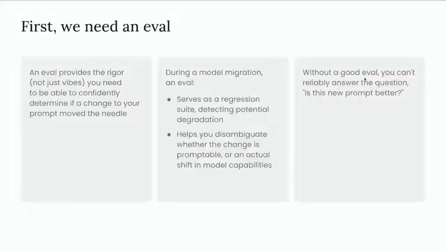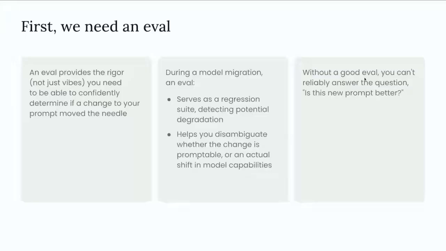Well, in order to start unpacking that question, we need a starting point, and that starting point is evaluations. We need evaluations to provide that rigor to understand whether a change to our prompt is actually correlating to an improvement in its performance. We have different models which have different capabilities and different behaviors. And when you migrate to a different model, it could be that your system is no longer working as well for two reasons.